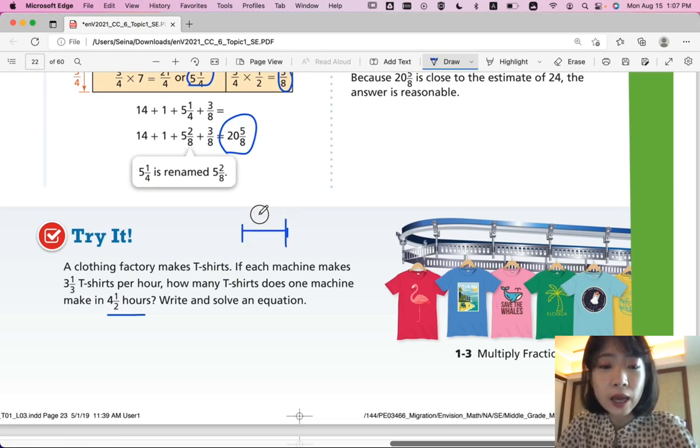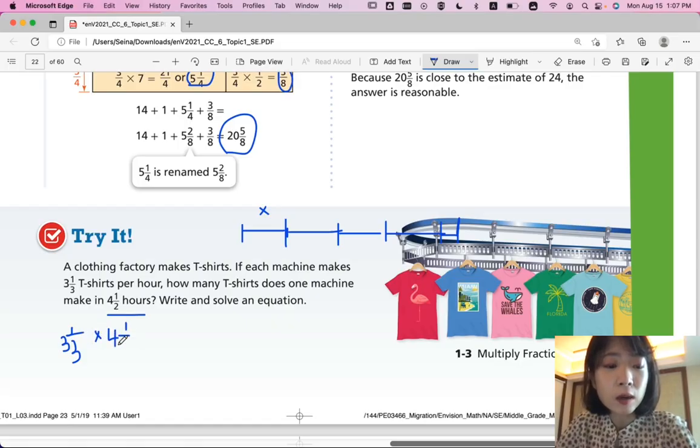If it makes X amount, you just multiply X by 4.5 to get how many of that X you have, right? So you're gonna multiply 3 1/3 times 4 1/2.